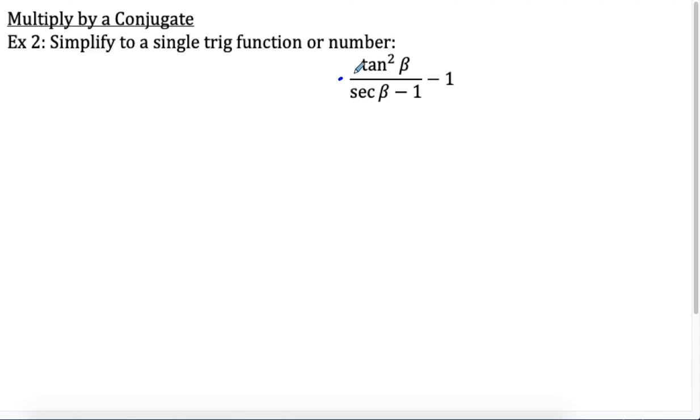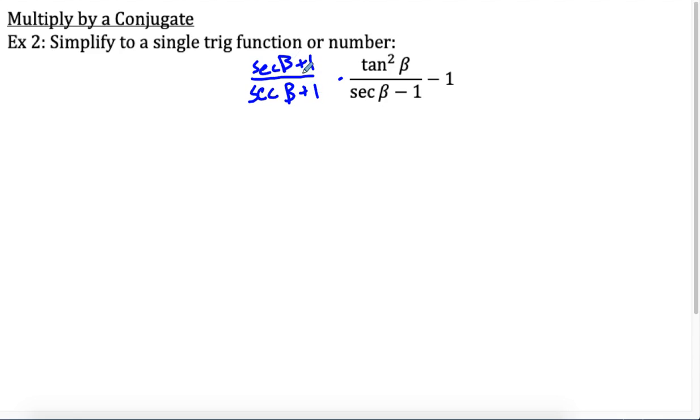Remember, a conjugate is just putting the opposite sign in the middle. So the conjugate of secant of beta minus 1 would be secant of beta plus 1. So if I multiply the top and the bottom by the secant of beta plus 1, I'll show you what happens and I'll explain why this is a useful strategy.